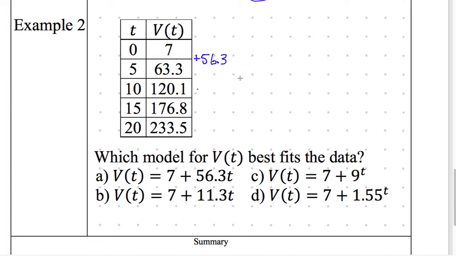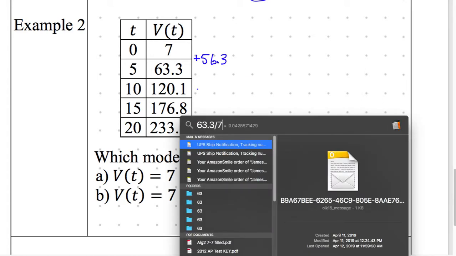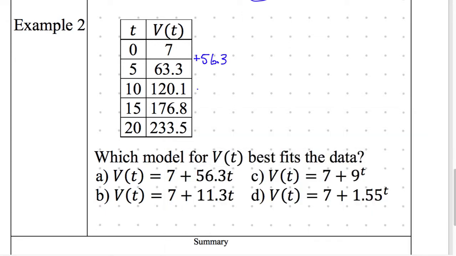Let's see what happens if I'm multiplying. If I'm multiplying, that means I'm doing 63.3 divided by 7, which means I'm multiplying by about 9.04. So I'm either adding or multiplying by 9.04. Let's do 63.3 times 9.04.